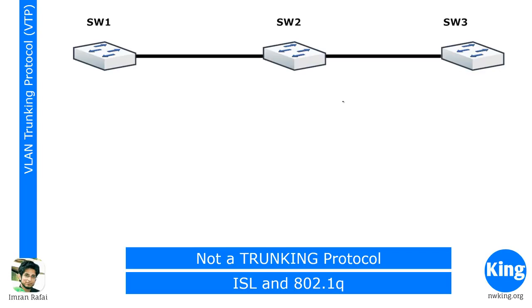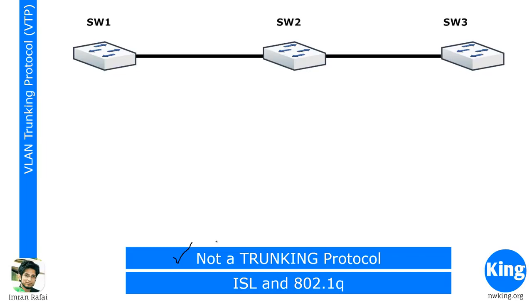Next, we'll look at VTP, or VLAN Trunking Protocol. The first thing you should remember is VTP is not a trunking protocol. The name is misleading. It says VLAN Trunking Protocol, but VLAN Trunking Protocol is not a trunking protocol, right?